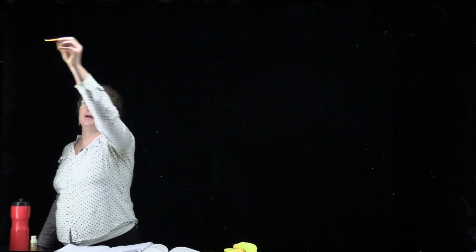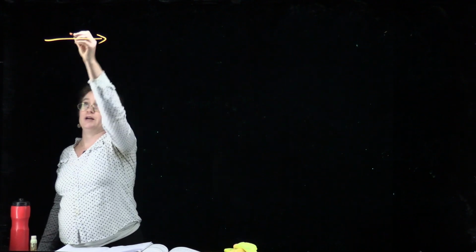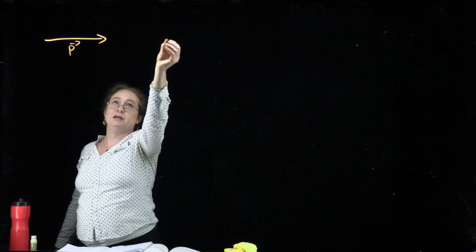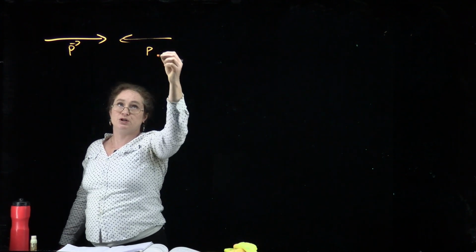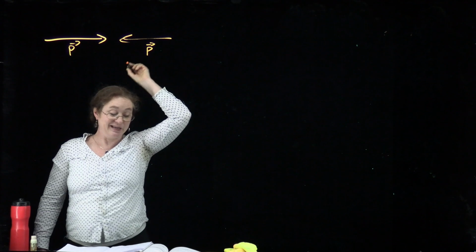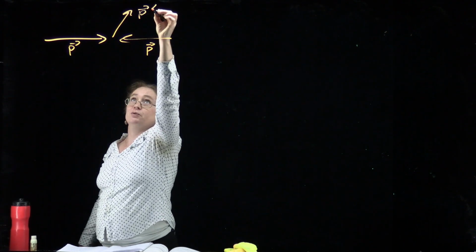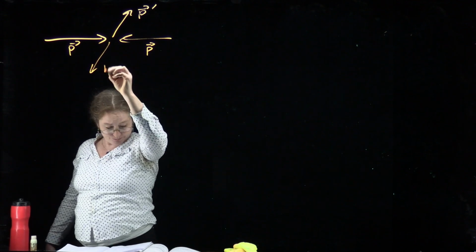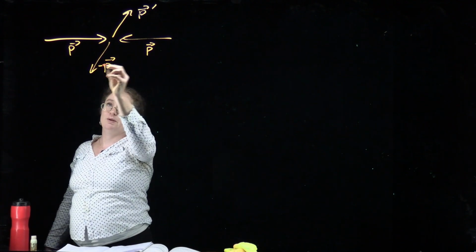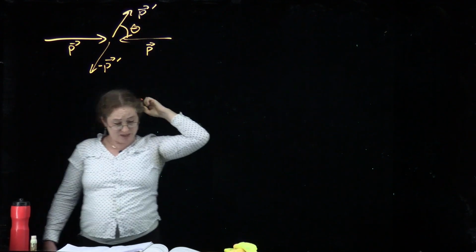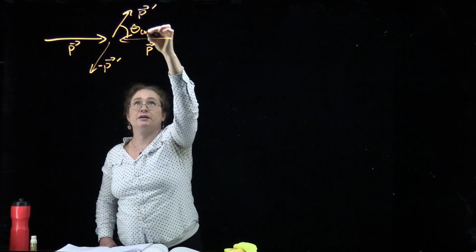In the center of mass frame, the projectile and the target both come in with a momentum p, and they both leave with a momentum of magnitude p prime, and this is the scattering angle, theta, center of mass.